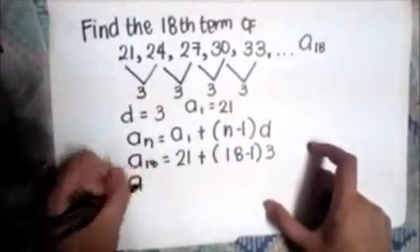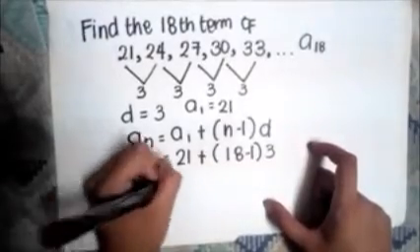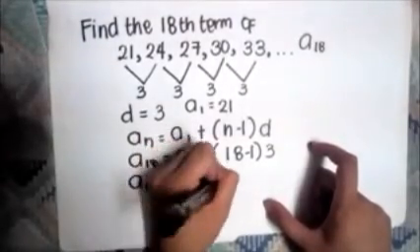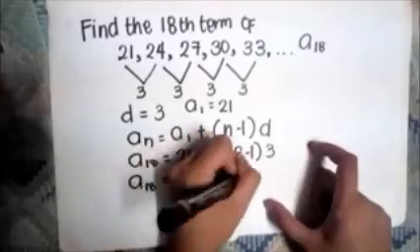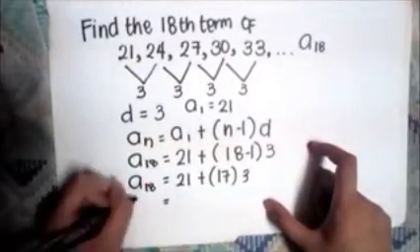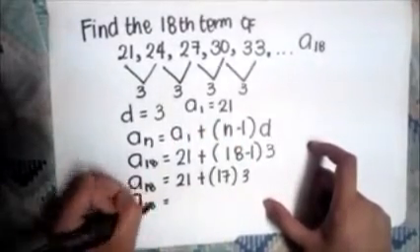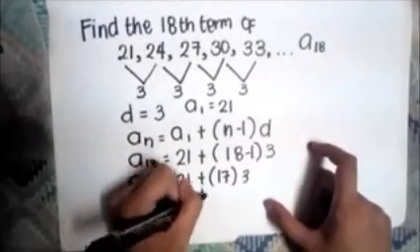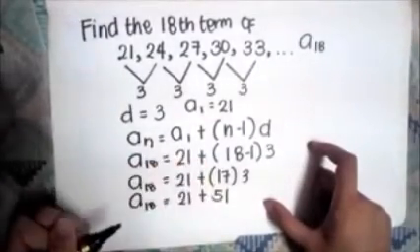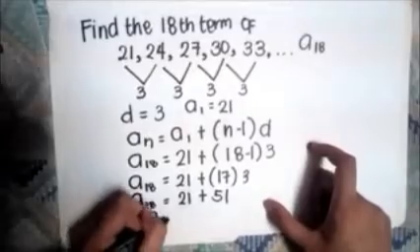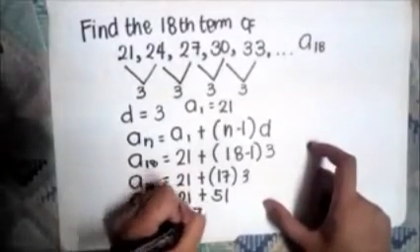So we have a sub 18 is equal to 21 plus 17 times 3. Then a sub 18 is equal to 21 plus 51, and a sub 18 is equal to 72.